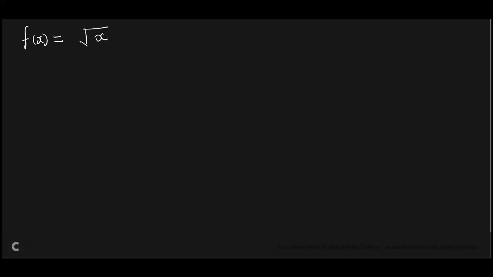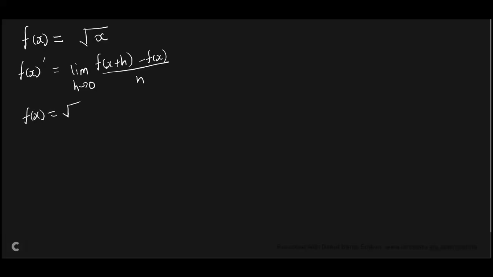The first thing that you need to do in this situation is this. Write the equation f'(x) equals the limit as h approaches 0 of f(x+h) minus f(x) over h.